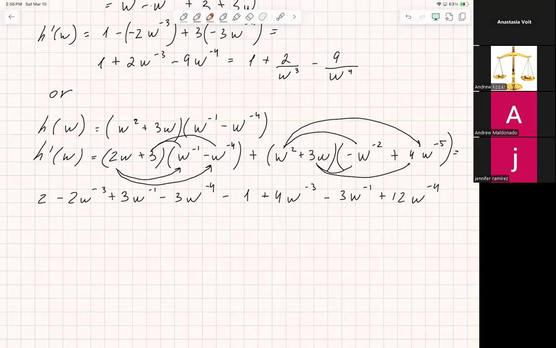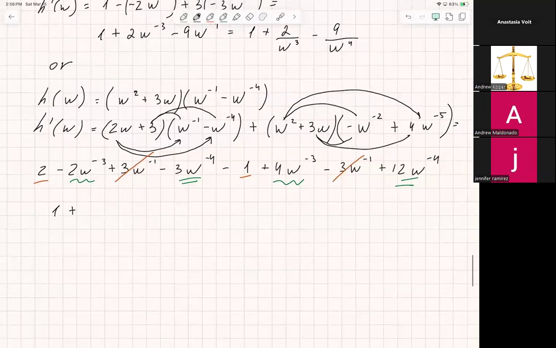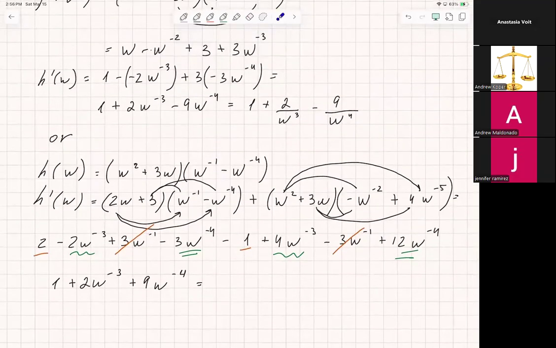Now let's find the common terms. So these are gone. Okay, so now we have this one, which makes it 1. Then we have power of 3, and we also have power of 4 here. So we have then plus 2w to the power of negative 3 plus 9w to the power of negative 4, which is again the same thing as here, right?